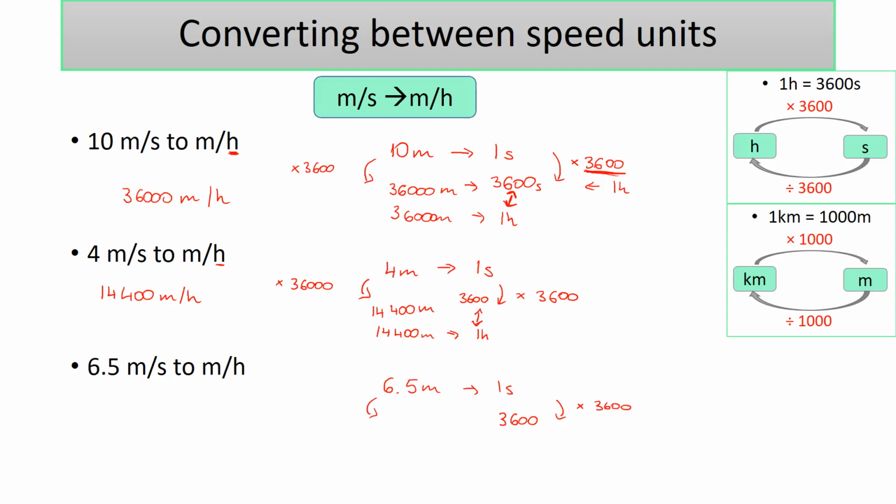But if I multiply the time by 3,600, I have to do the same to the distance, to the meters, and that's going to be 23,400 meters, and remember that this is equivalent to 1 hour, so that means that here the answer is 23,400 meters per hour.